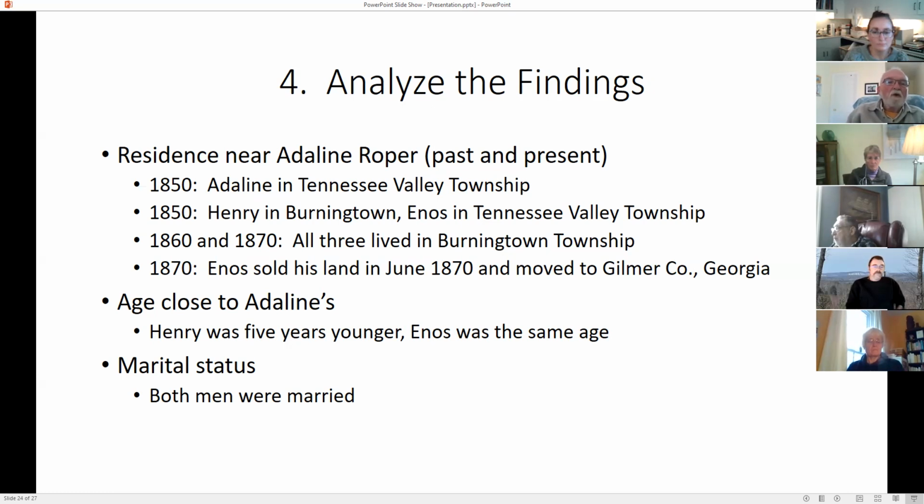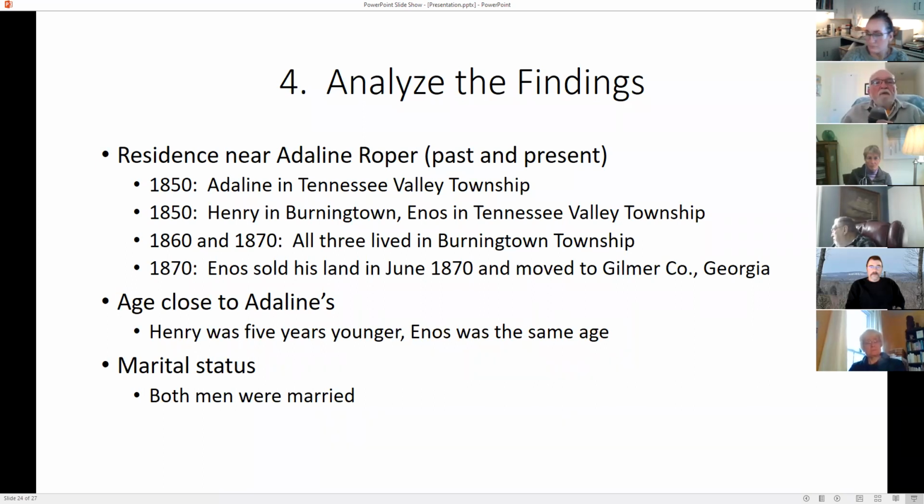And one last little note, in 1870, Enos sold his land in June and moved to Gilmer County, Georgia, that place that I mentioned earlier. Henry continued to stay in Macon County.